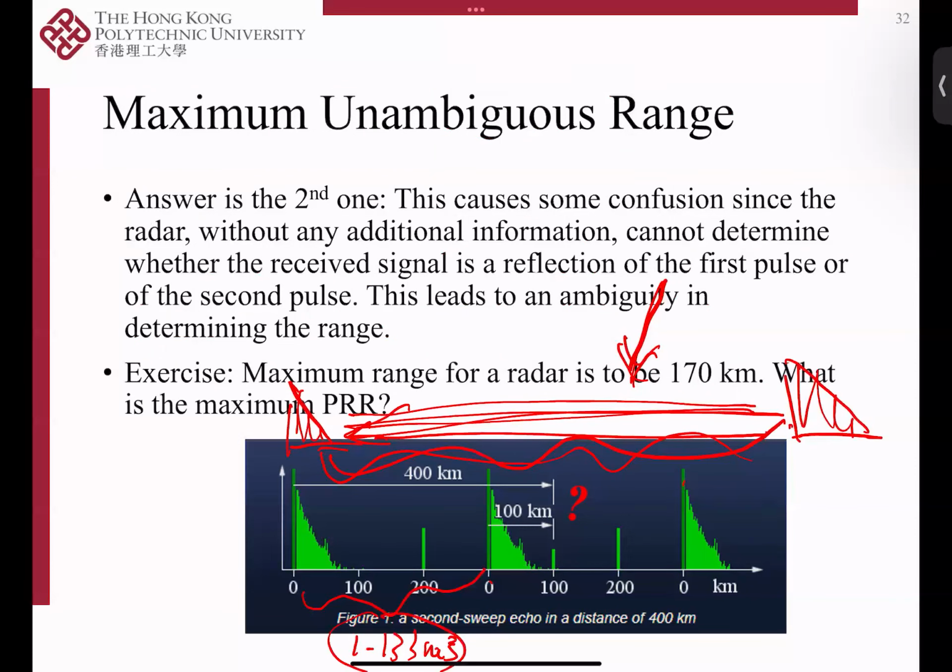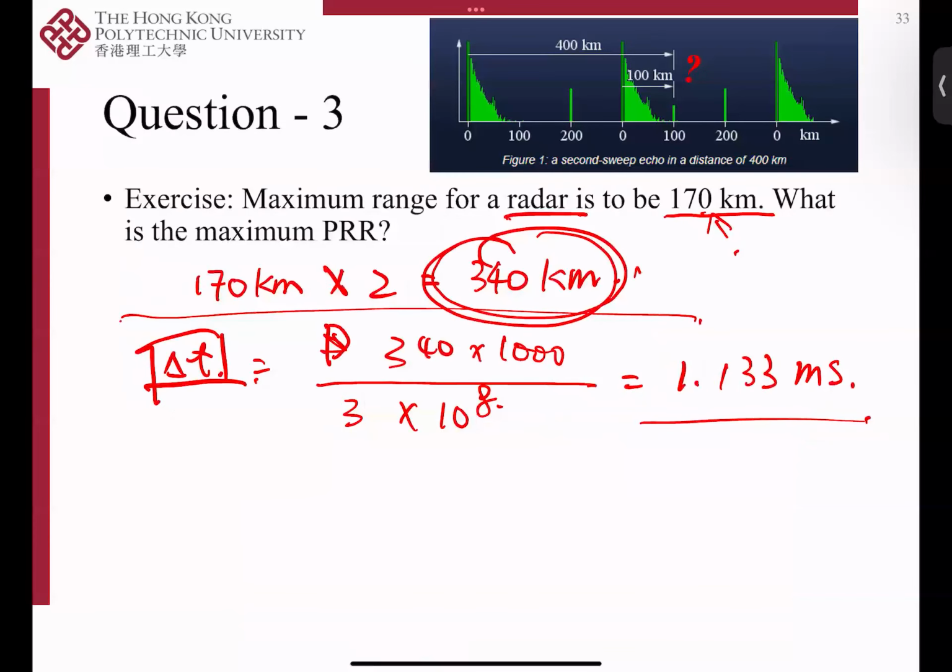Only if you reach this length are you able to receive the aircraft at that range. So this is the limitation of this gap.